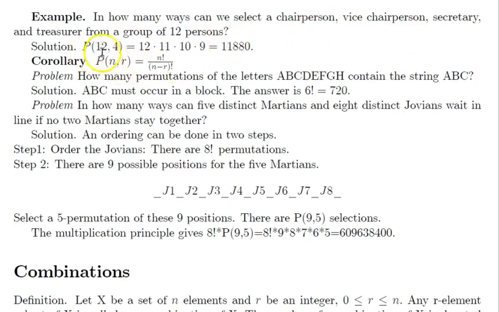So P(12,4) is the answer, and P(12,4) is 12 times 11 times 10 times 9. So we have 4 consecutive decreasing integers multiplied starting from 12, which is this number.